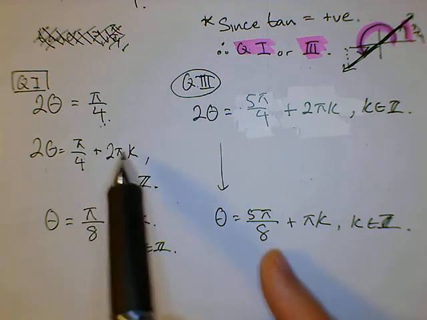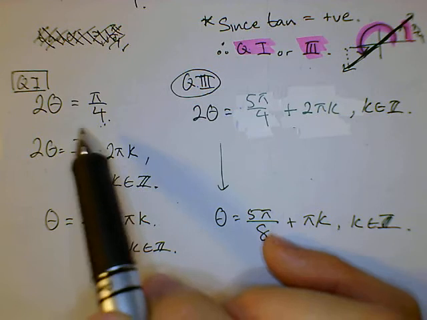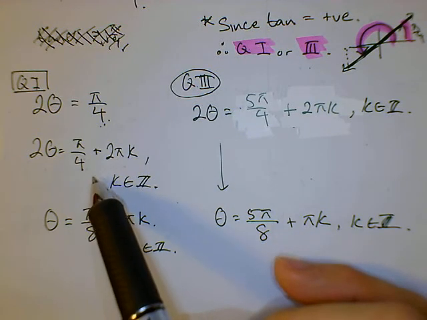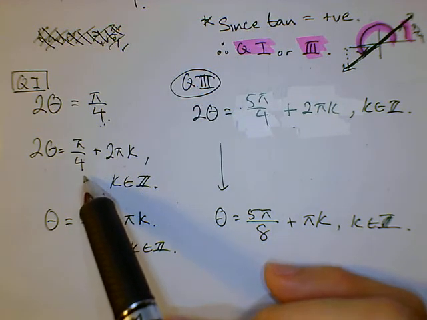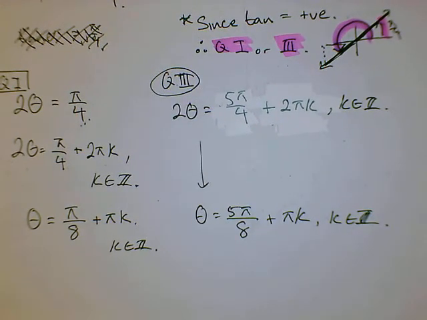Instead of revolving 2 pi and revolving 2 pi, I can say, hey, every time I revolve 1 pi, I get the triangle that I'm looking for. But let's just leave this as it is, and once we get comfortable, we can start taking some shortcuts.